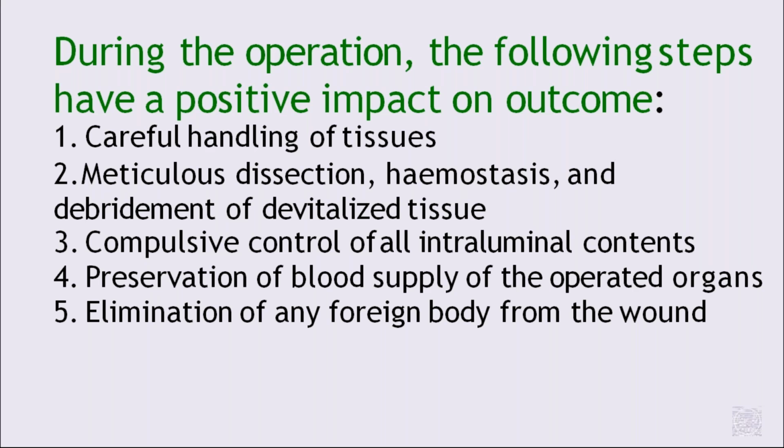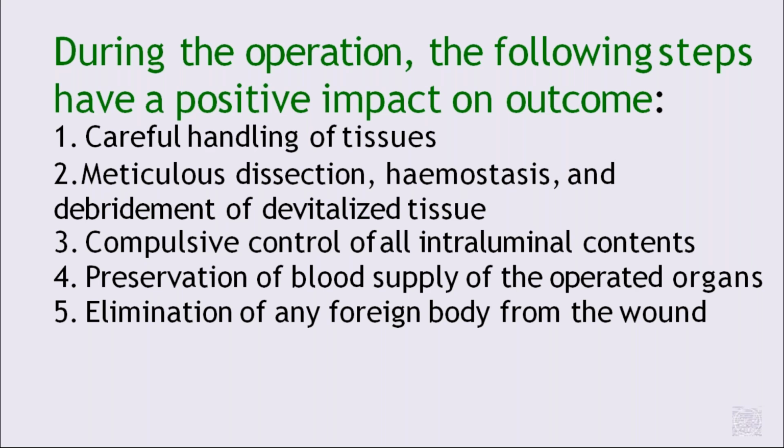So during the operation, the following steps have a positive impact on outcome. What are these steps? First one is careful handling of the tissues. Second one is meticulous dissection and hemostasis and debridement of the devitalized tissues.